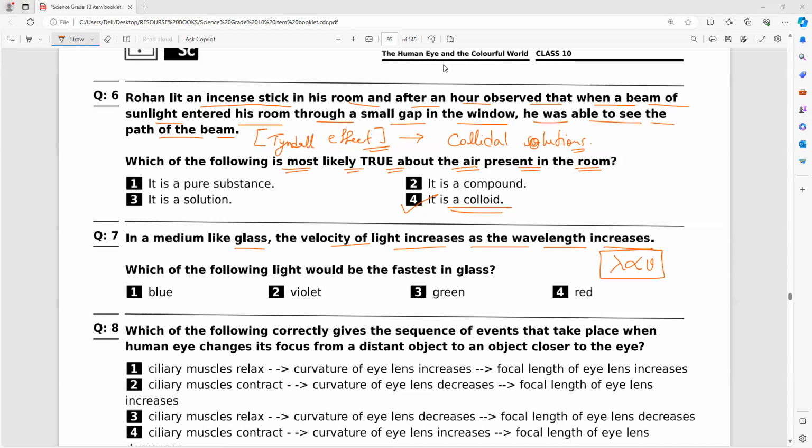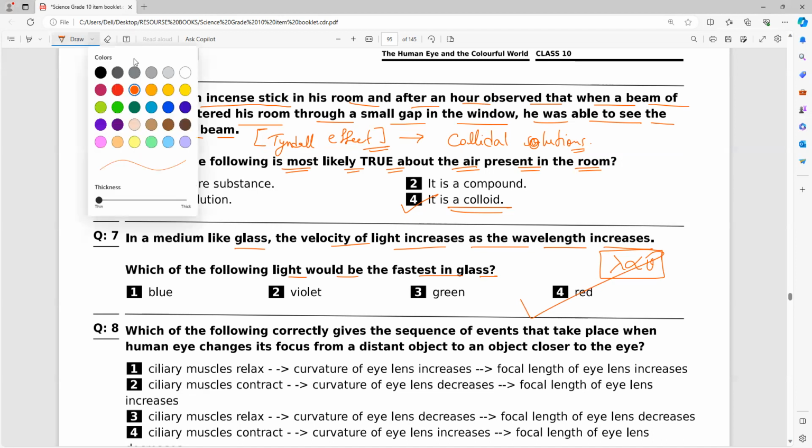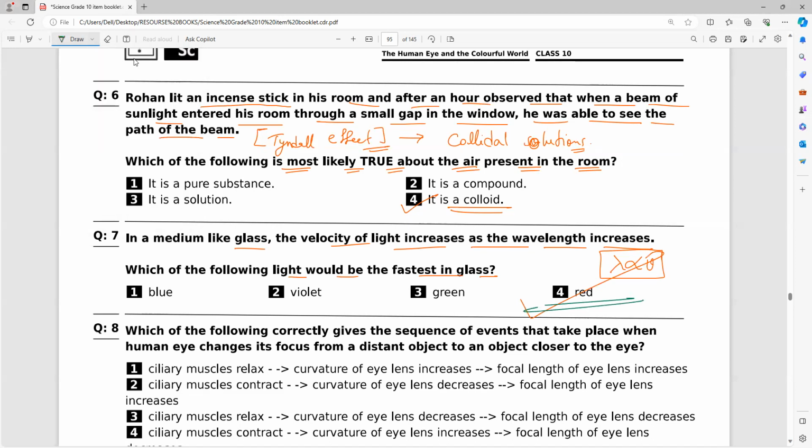Now, which of the following lights would be the fastest in glass? Everyone, blindly we can say, which light is always the fastest? Red. Why? Because the wavelength of red light is maximum.